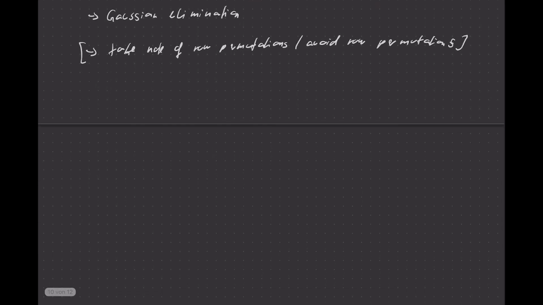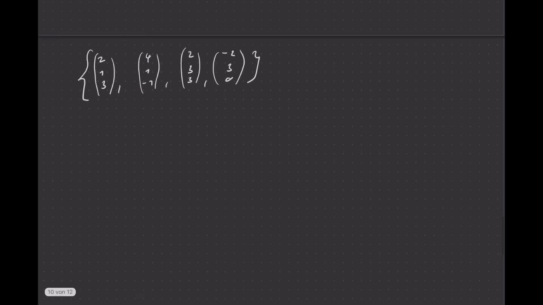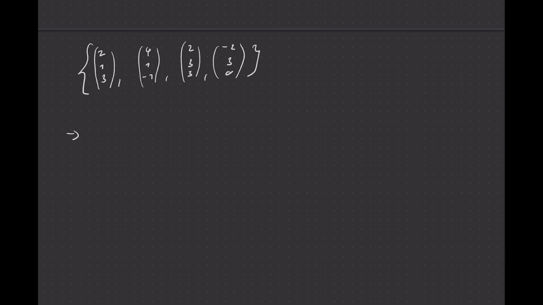So the vectors we have, again, I'll write those down. 2, 1, 3, 4, 1, -1, 2, 3, 3, and -2, 3, 0. Remember? Now we could write those as rows of a tableau. So we write 2, 1, 3, 4, 1, -1, 2, 3, 3, and -2, 3, 0.